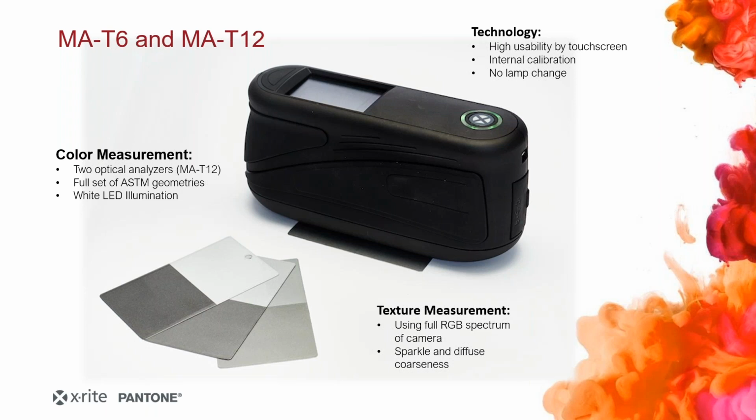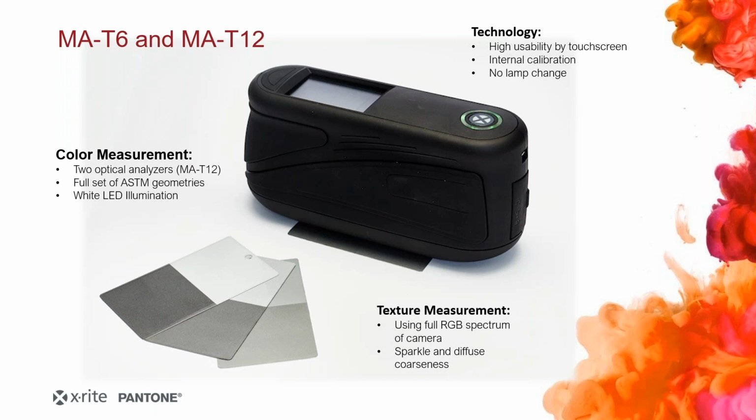New is also that we have a white LED illumination in the instrument, and this technology means that no lamp change is required anymore. We can work with an internal calibration process. The instrument has an internal white calibration tile, and an external calibration on a white tile and an effect tile is only necessary every 30 days.